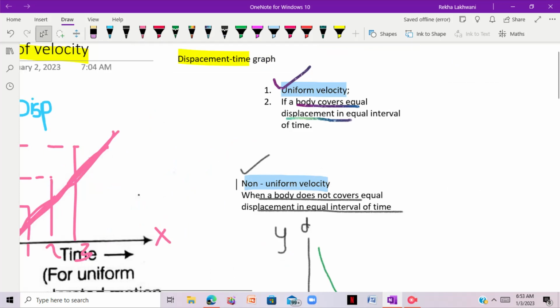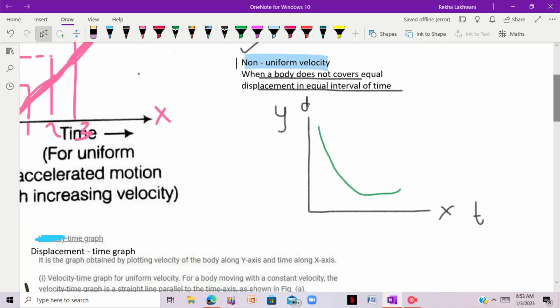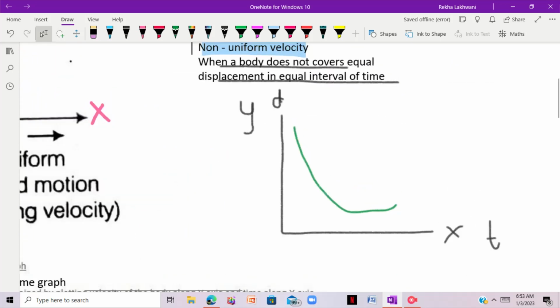So now let's look into instantaneous velocity. What is that now? So these are also graphs. This is a graph of uniform velocity and this is a graph of non-uniform velocity, right? Now let's look into another type, which is instantaneous velocity. What does that mean?